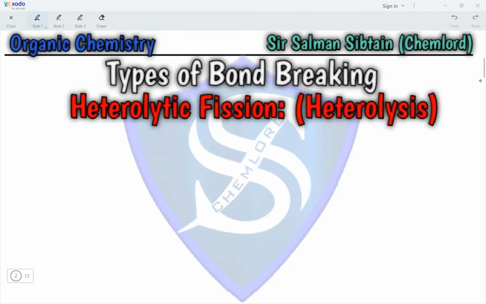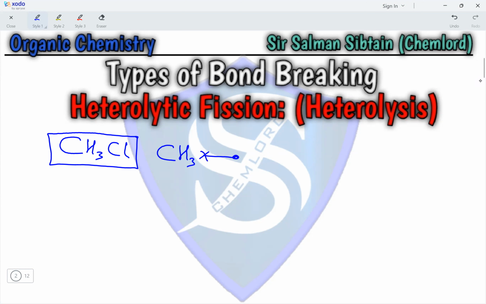Another thing that needs to be understood about heterolytic fission is that if we have a compound, for example, CH3Cl undergoing heterolytic fission, the bond breaking is the C-Cl bond. So we can write it as CH3 and Cl.